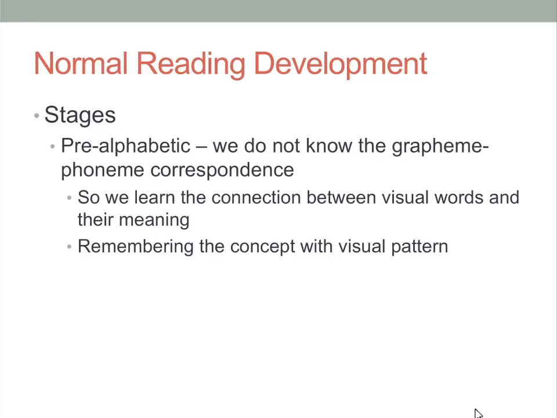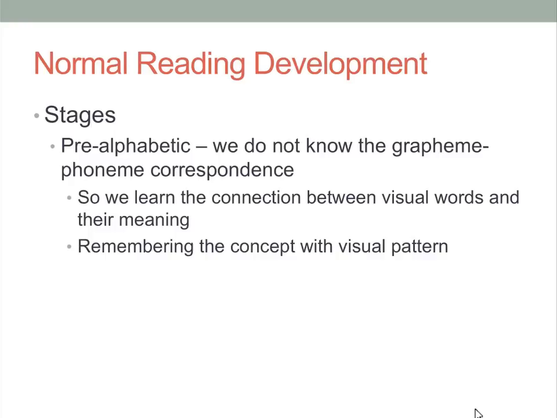So, some stages to learning to read in normal reading development. We've got pre-alphabetic, where we don't know that grapheme-phoneme correspondence. So what we're really learning at this stage, of children mostly, is the connection between symbols and their meanings. So this is where we're mapping those abstract symbols to their meanings.